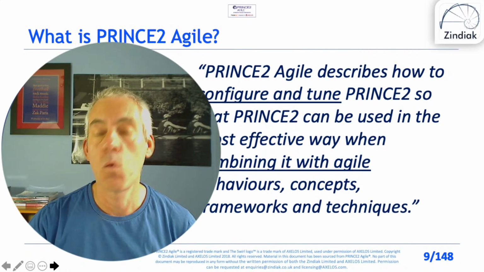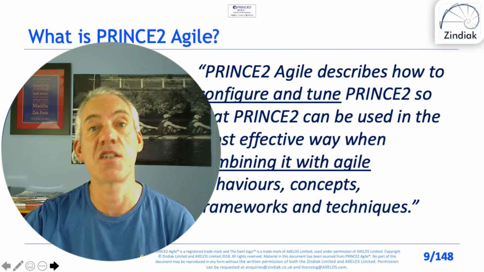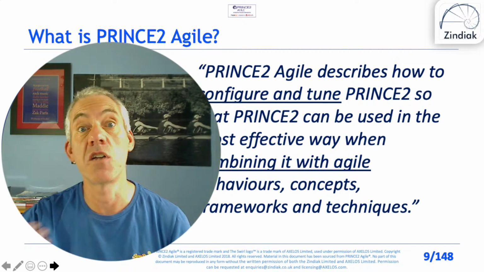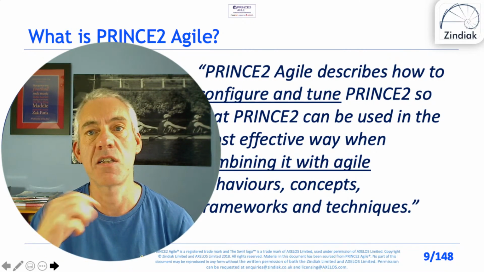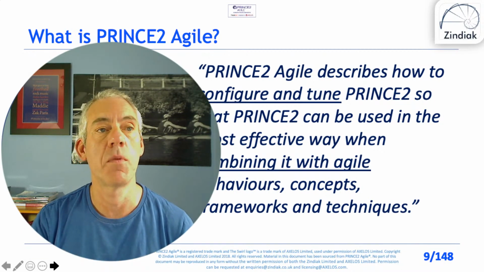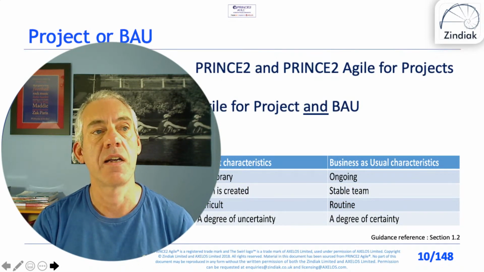So we tailor. We don't just religiously follow the guidance. We read the guidance, we understand it, we adopt it, but we adapt it to our project and our project environment. And that's what PRINCE2 Agile is providing us with, that guidance, that help to do that.